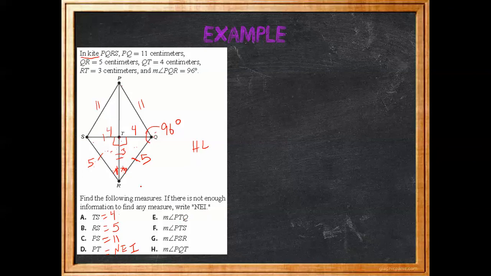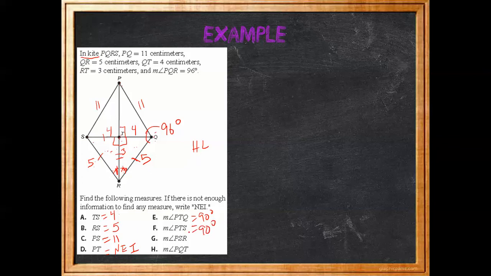For this one, the measure of angle PTQ is 90 degrees, and remember that was a property of a kite, because the diagonals are perpendicular bisectors of each other. PTS, same thing, is also 90 degrees.